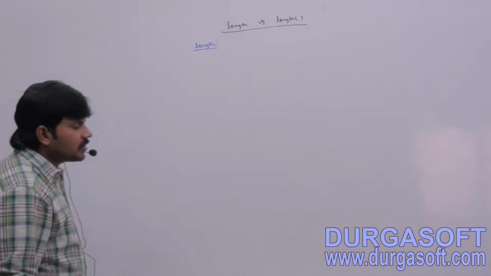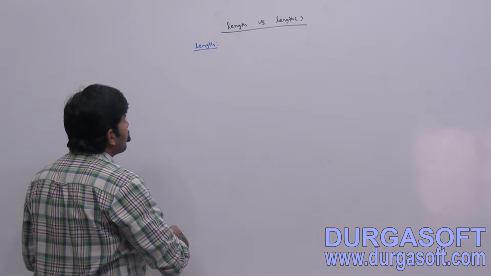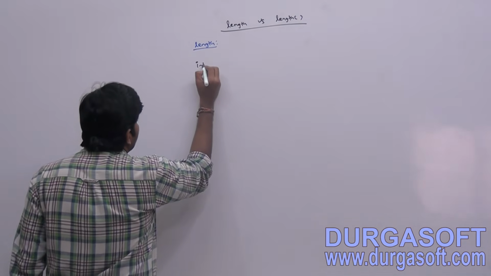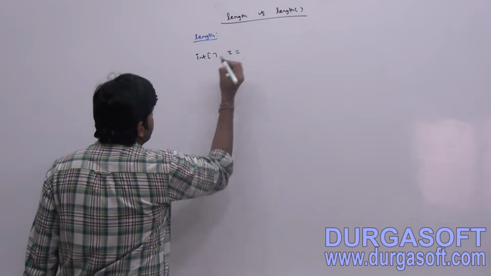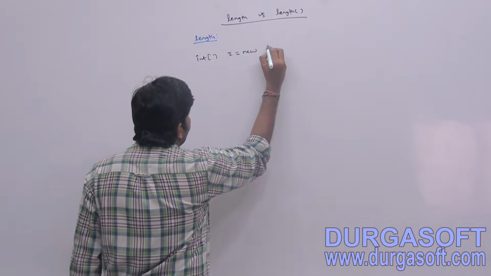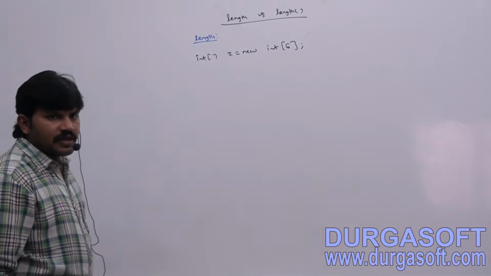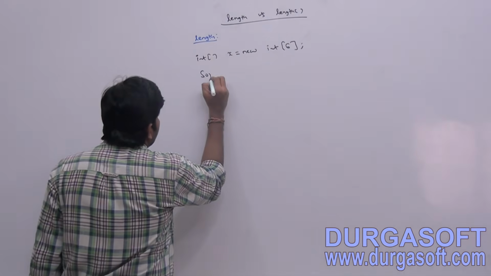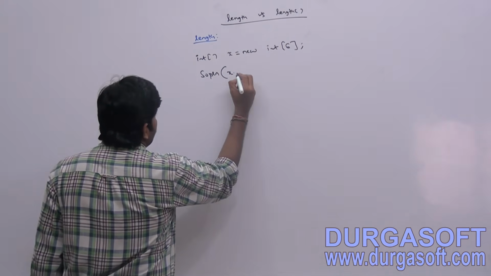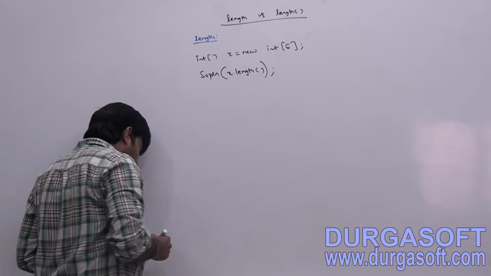Just observe here. I am taking int array x is equal to new int array of 6. System.out.println x dot length. Sir, can you tell what the answer is?